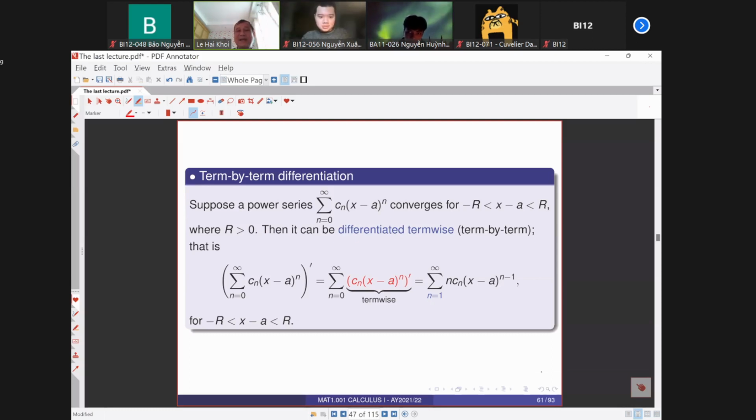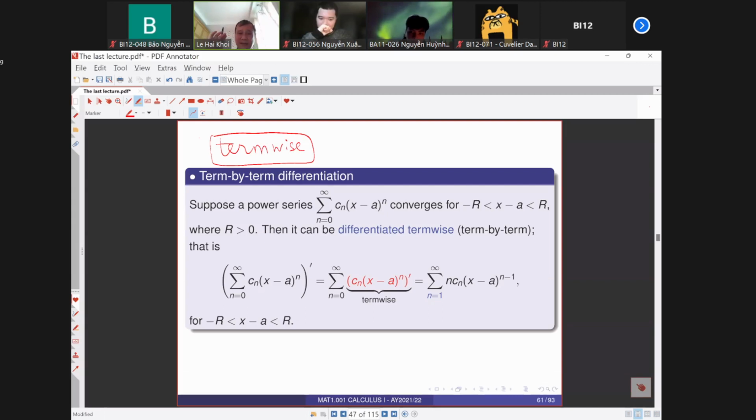You can apply these 2 results: term by term differentiation, or we say term-wise. Term-wise or term by term có nghĩa là gì? Là từng cái số hạng một.